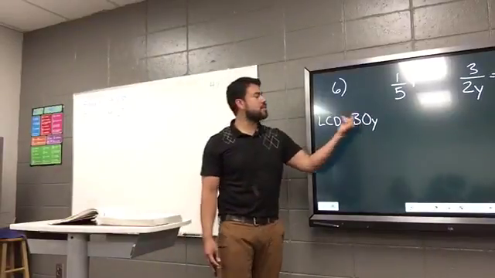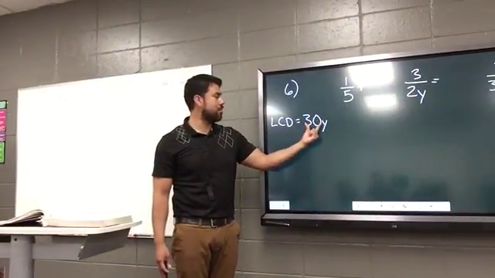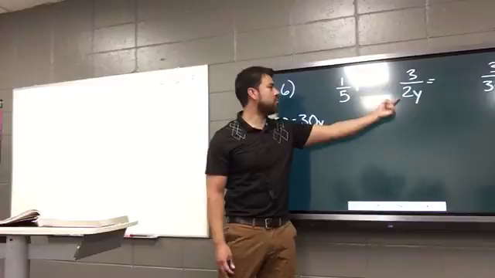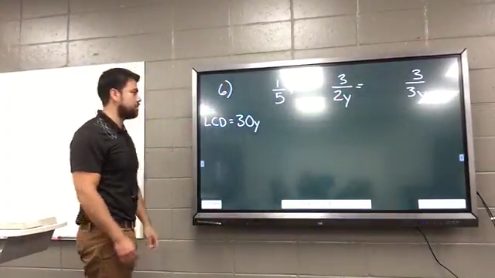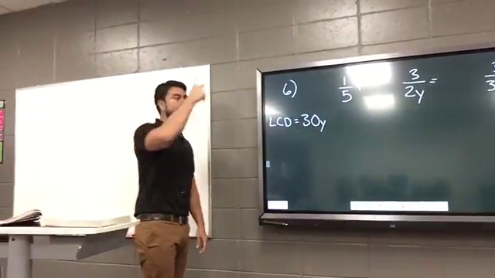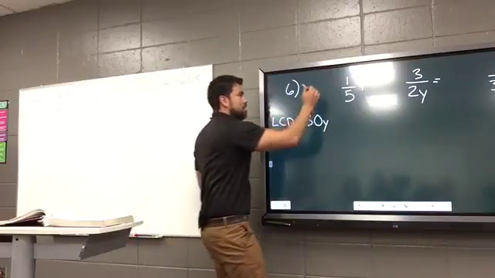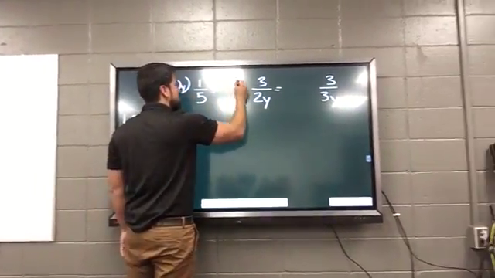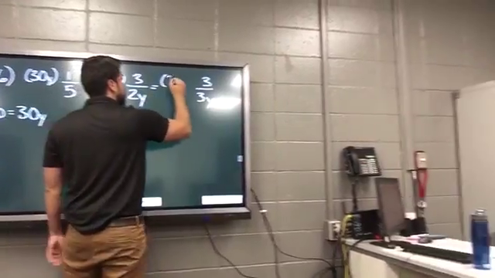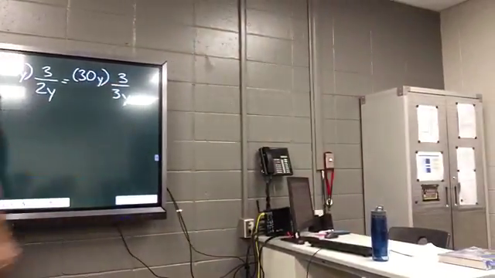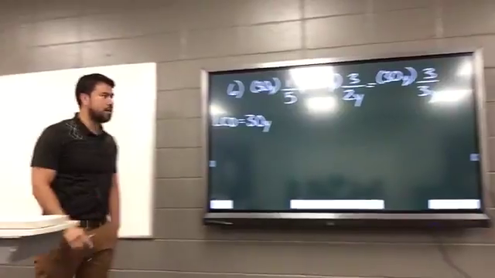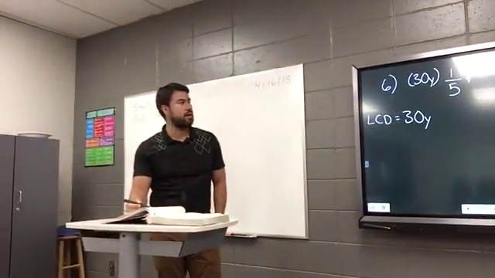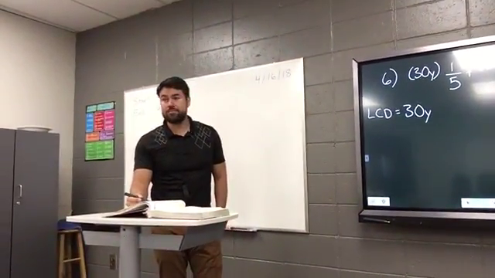It's the smallest number that all three of these denominators can fit into. So what should I multiply every term by? 30y. That's what I did the spacing for, to give me room to fit in the 30y multiplied by everything.